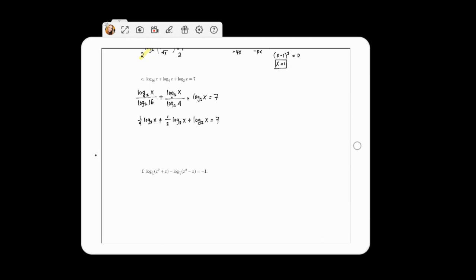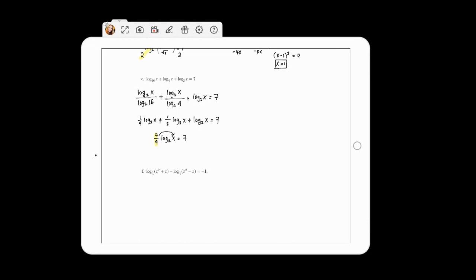So totally I have 1/4 plus 1/2 plus 1 log base 2 of x's. So that is a total of 7/4 log base 2 of x, which is equal to 7. Okay, I need to take the power up.